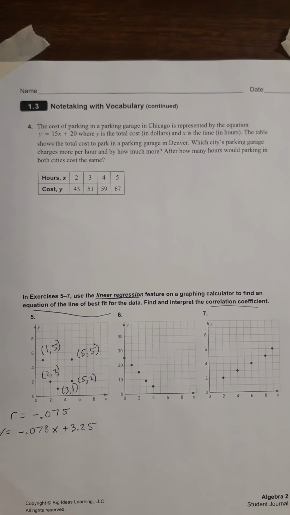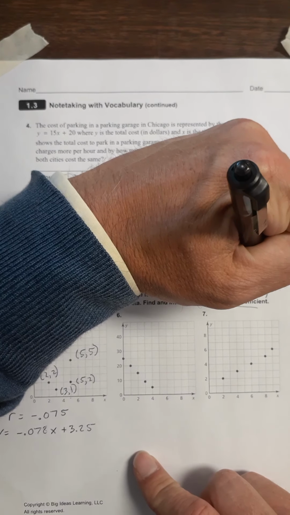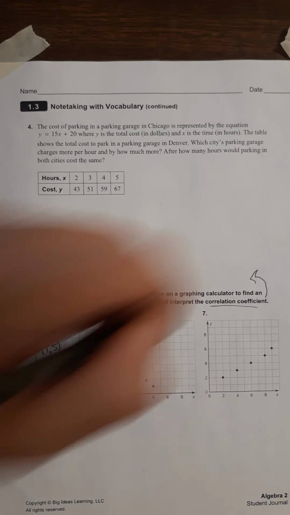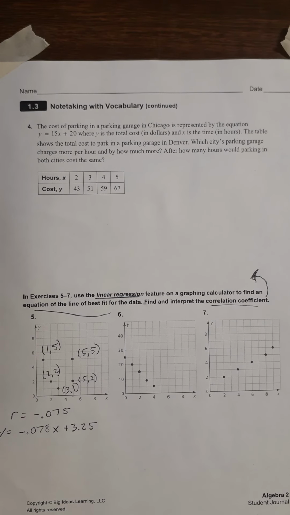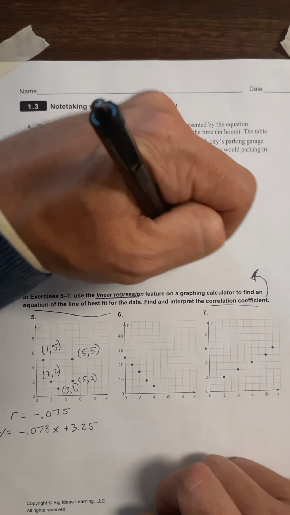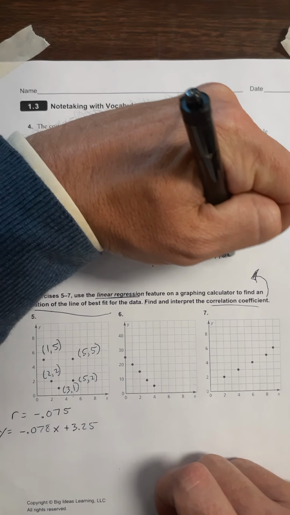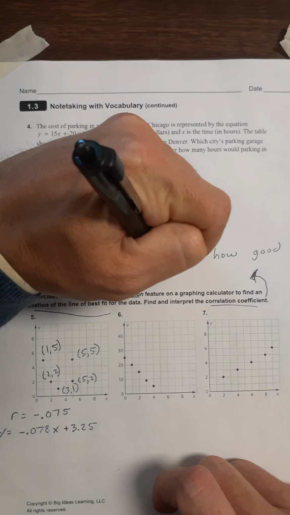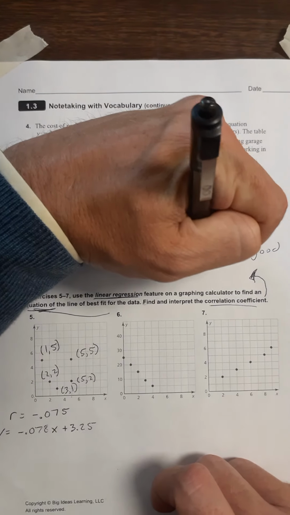I think we should talk about what those things are first. The correlation coefficient, why don't you take a little note up here? The correlation coefficient is basically a measure of how good your line is. So it measures how good your equation is.